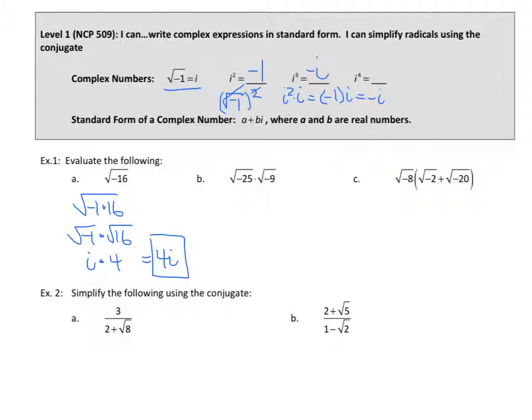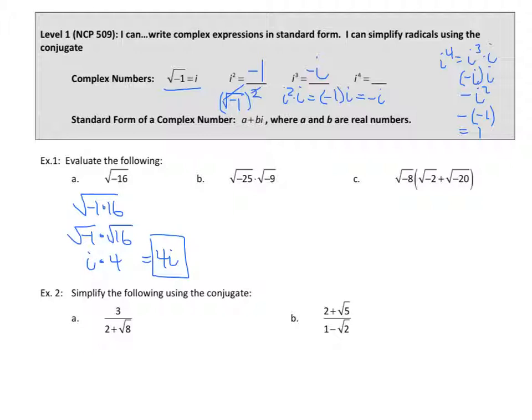And then i to the fourth power would be i to the third times another i. We just determined that i to the third is -i, and if we multiply that by another i, we get -i squared. But we also just determined that i squared is -1, so this would be -(-1), and those negatives would cancel out and we get +1.